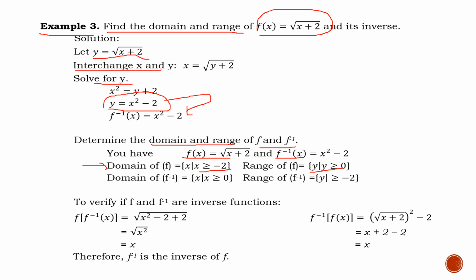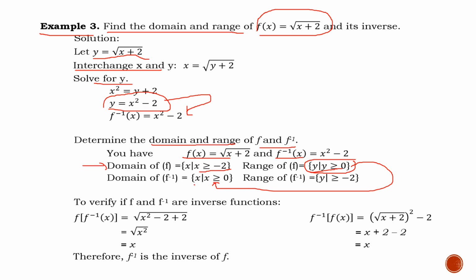It's the same thing with your range. The lowest value for this range is 0, and the other values should be greater than 0. That's why y is greater than or equal to 0. So as you can see here, if you put a notation in your range, it's the same notation that you put in your domain, because whatever your range in your original function, that will be your domain in your inverse function.